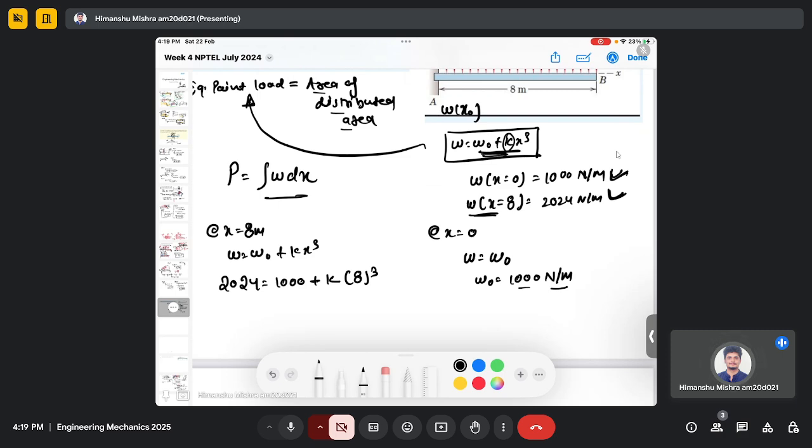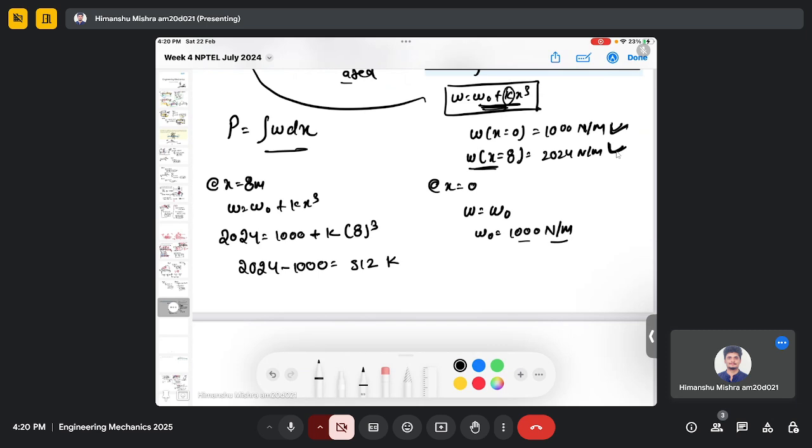From this expression we can calculate K. So my K will be 2 Newton per meter to the power 4.